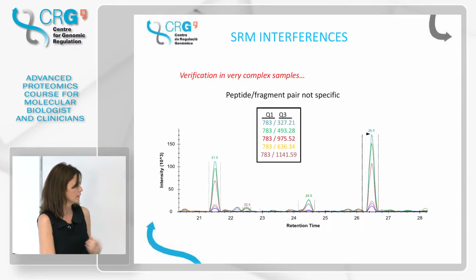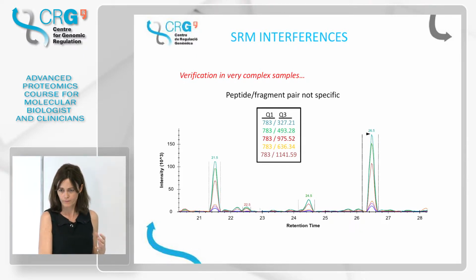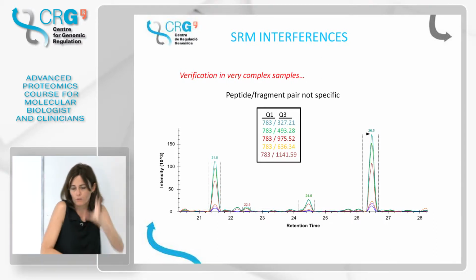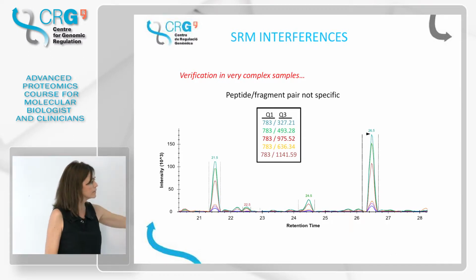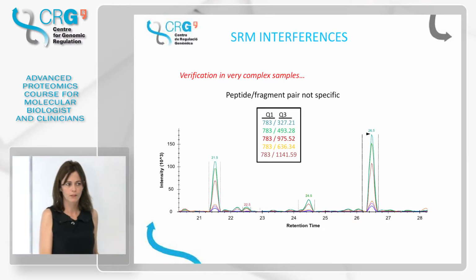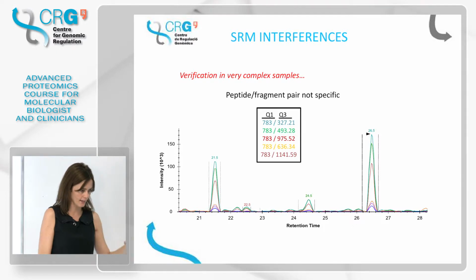This is a real SRM chromatogram from our unit of a very complex sample, in which we monitor these masses in Q1 and in Q3, and we get these signals. Sometimes things are not so easy. Sometimes we see our signal and that's it, but this can happen. So we need to verify which one is our signal.